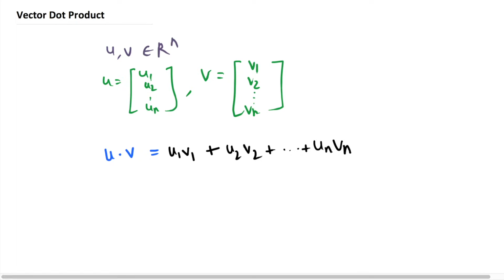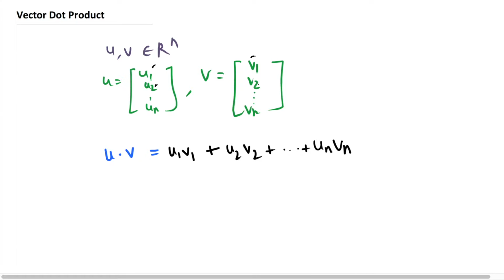So the dot product is obtained by multiplying the first element of u with the first element of v and adding it to the product of the second element of u and the second element of v, and so on and so forth. So let's take an actual example.